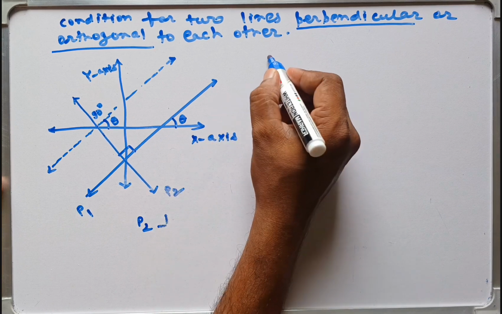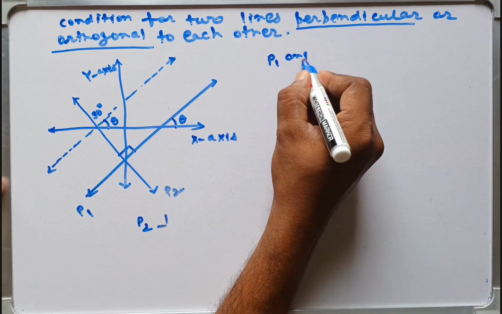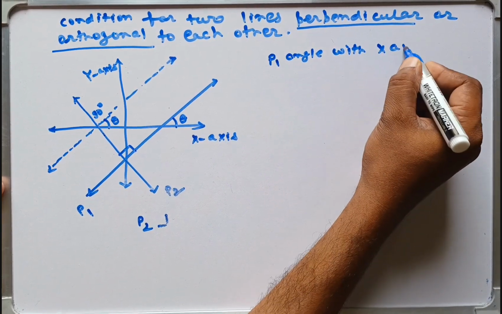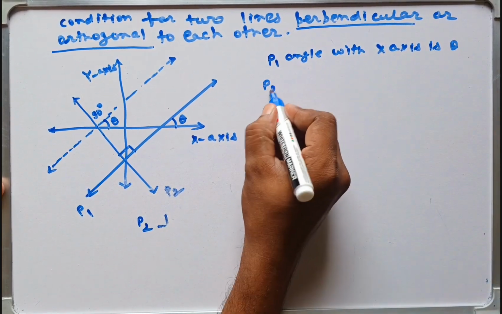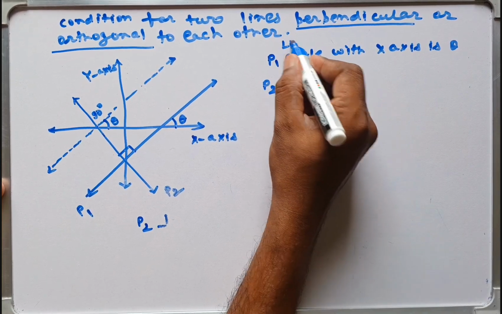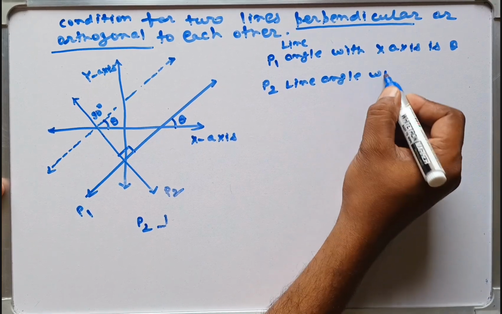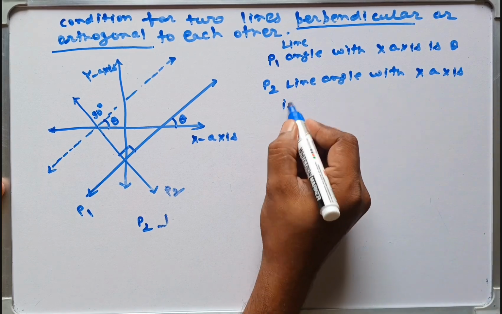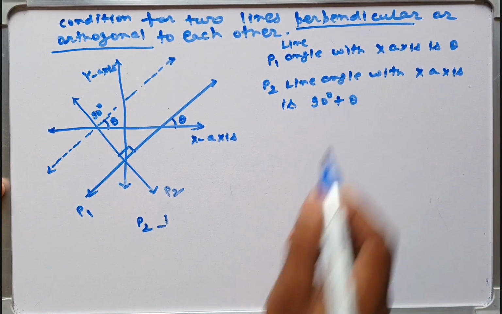So the P1 angle with the x axis is theta, and the P2 line angle with the x axis is 90 degrees plus theta.